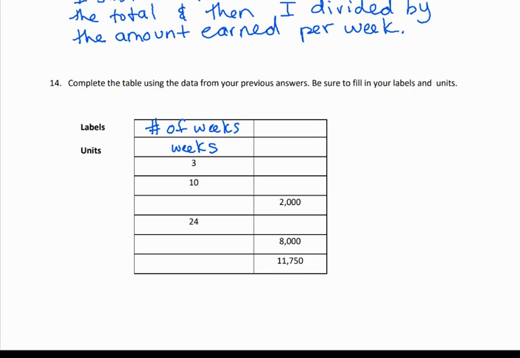And then what was our results always represented? What was the other variable we were working with? The number of weeks was changing, and what else was changing? The money, the amount of money that we had, right? The amount of money saved. And that label is dollars.